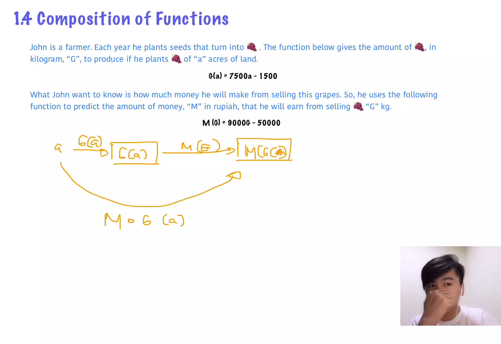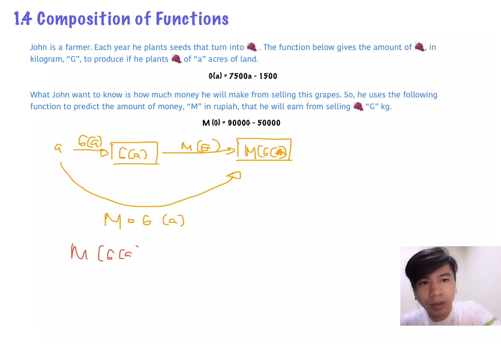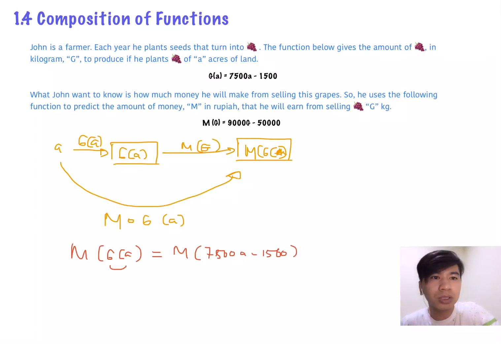M of G of A will be, first, let's put G of A. What is G of A over here? G of A will be 7,500A minus 1,500. Do you still remember the f of x terminology?